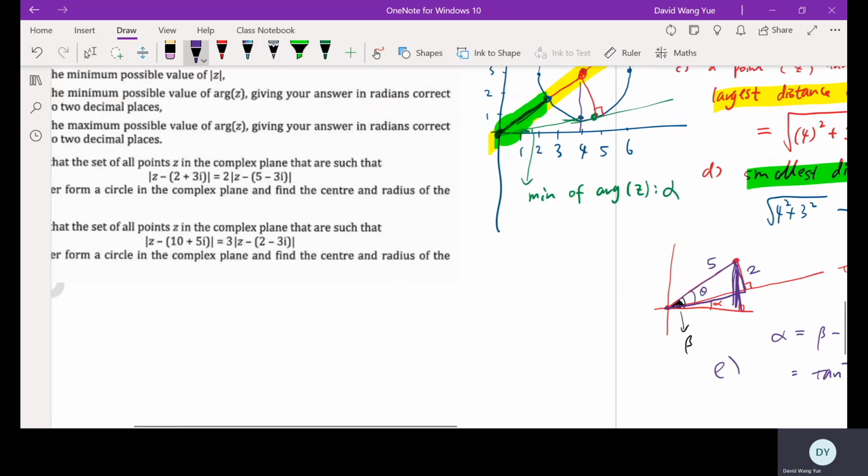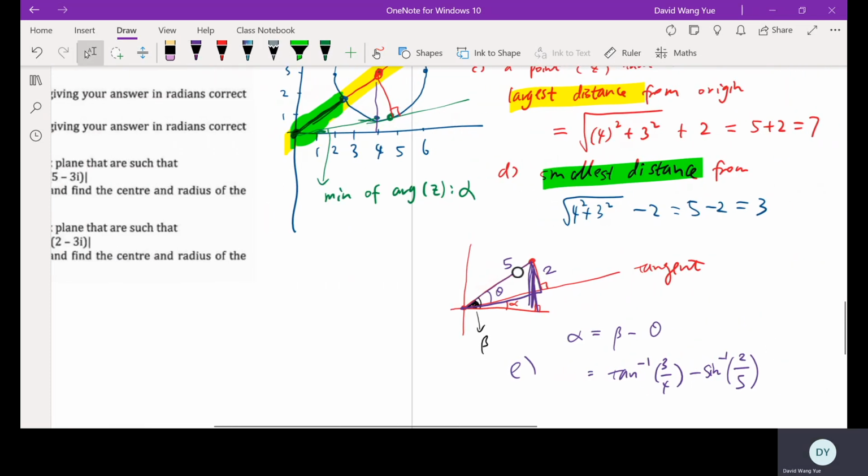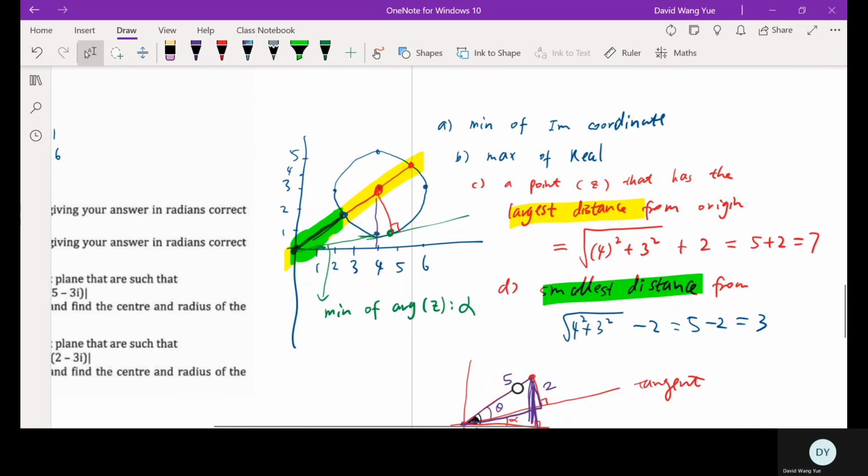Okay, the last one asks for the maximum value of the argument. Where is the maximum value of argument? It's supposed to be here. And then you may realize we have this triangle that is congruent.